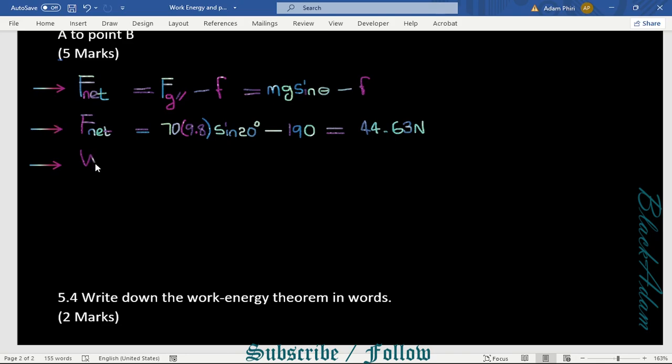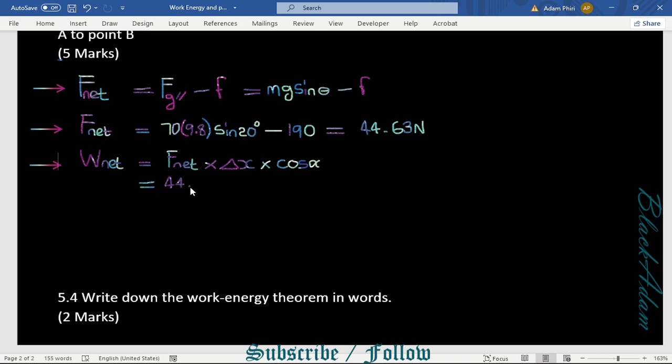Now we need to find the net work. Net work is going to be the net force multiplied by the distance traveled, multiplied by cos alpha, to distinguish between the inclination and the angle of direction.